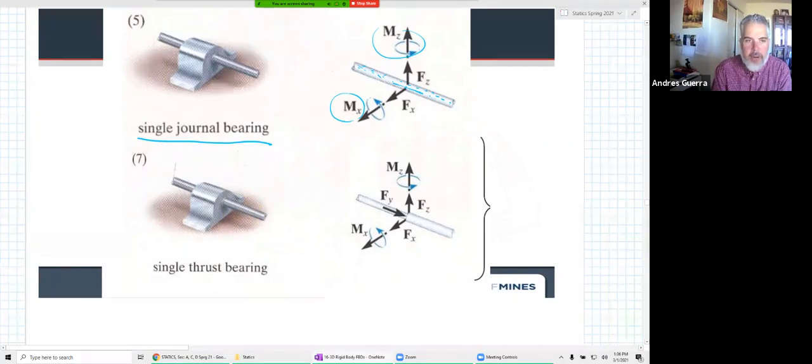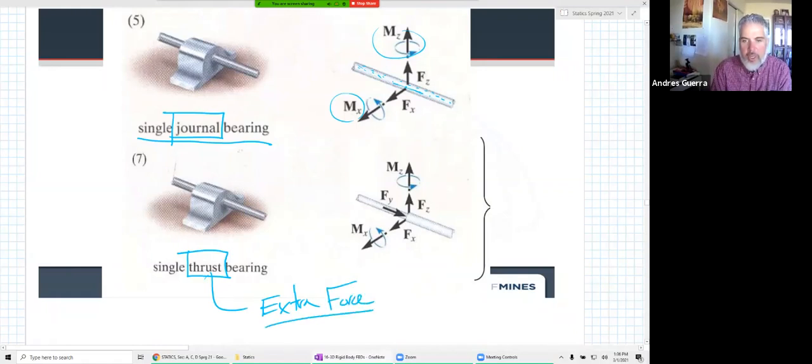Now, the difference between a journal bearing and a thrust bearing is, I like to remember this: thrust means we have an extra force. If you compare these two, notice that the thrust bearing, we've got this force here in the Y direction. While the journal bearing, there is no force in the Y direction. So they look exactly the same.